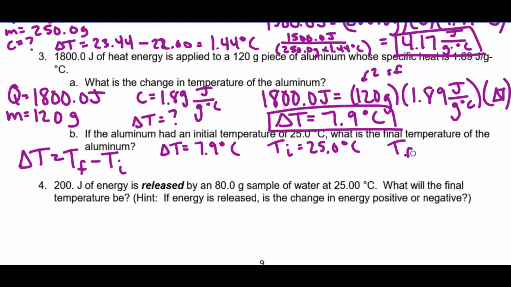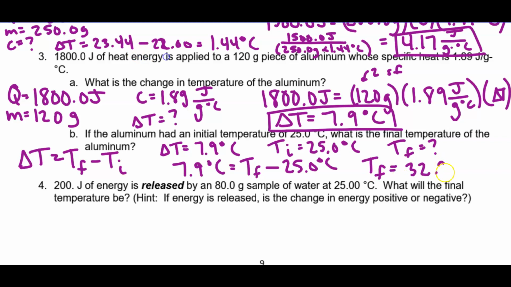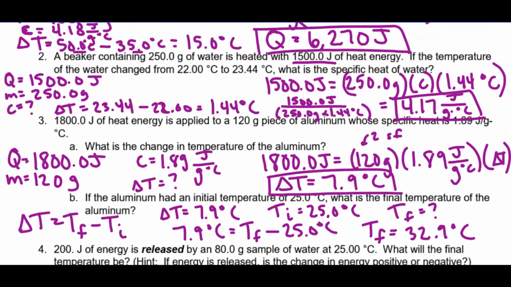We want to know the final. So 7.9 degrees Celsius equals the final temperature minus the initial. So we're just adding 7.9 and 25 degrees, for a final temperature of 32.9 degrees Celsius.